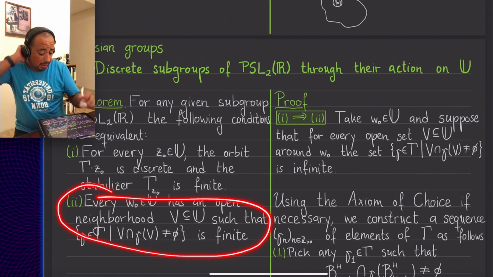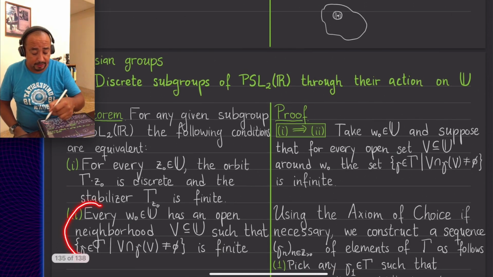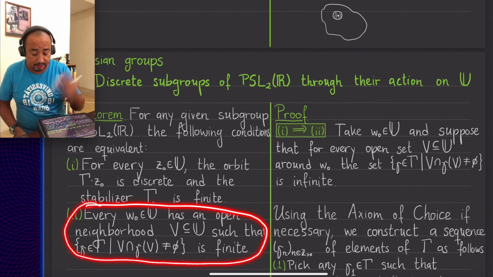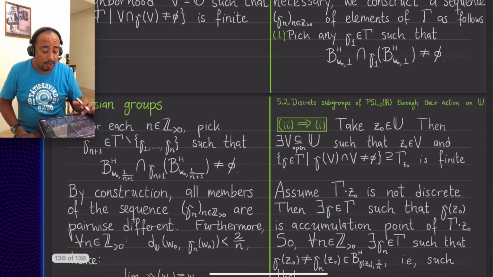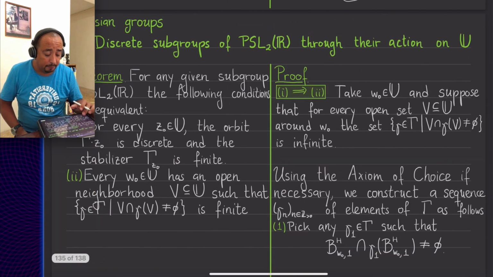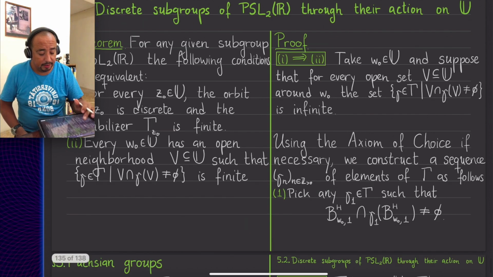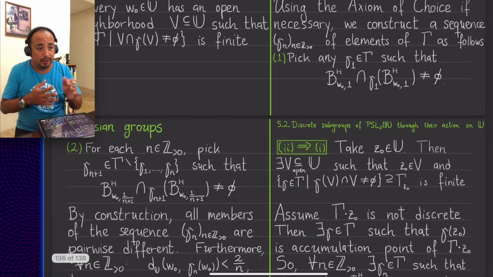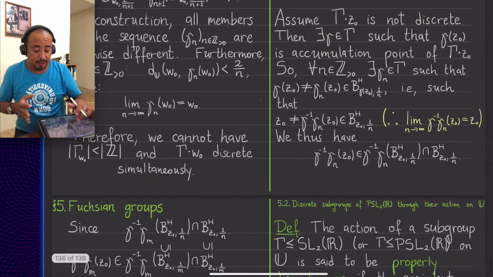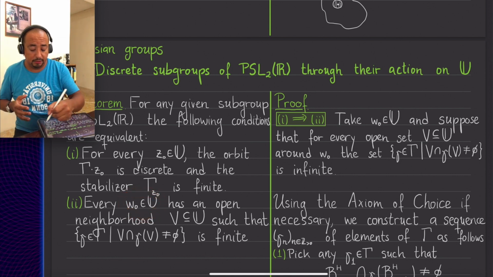Right? So if the orbit is not discrete, then this fails. And I mean, it's the contrapositive. The nice thing is that if you see the proofs, the contrapositive is actually applied pointwise, right? So anyway, in other words, if the orbit of Z0 is not discrete, then it is for Z0 that the condition fails.